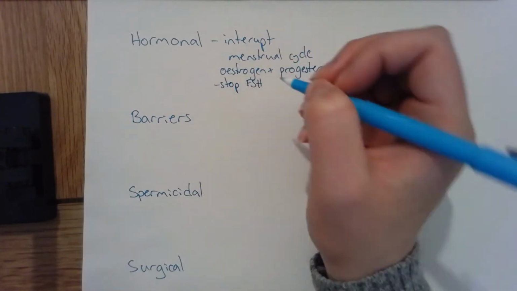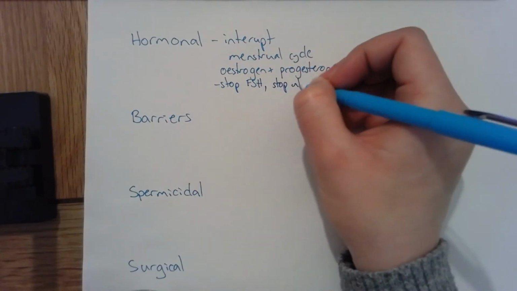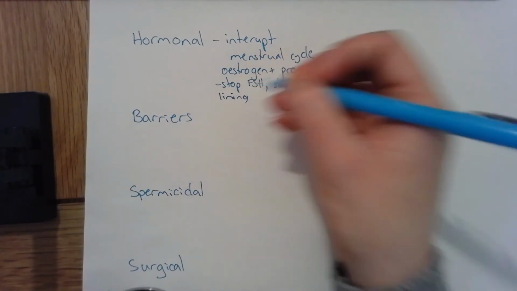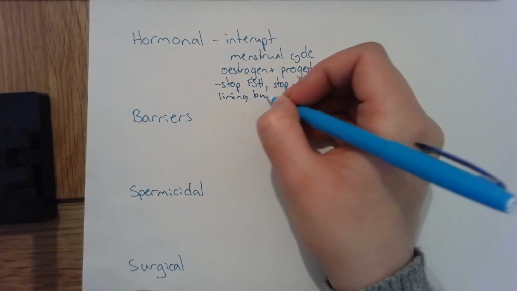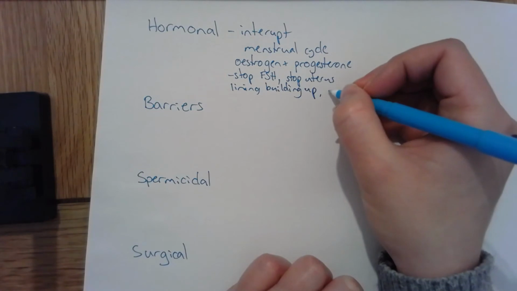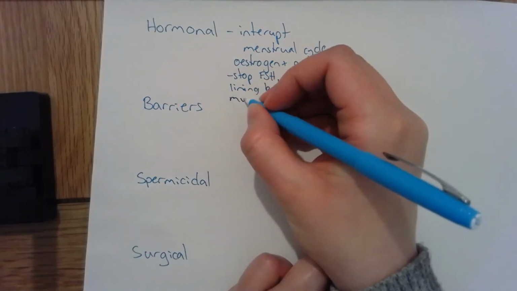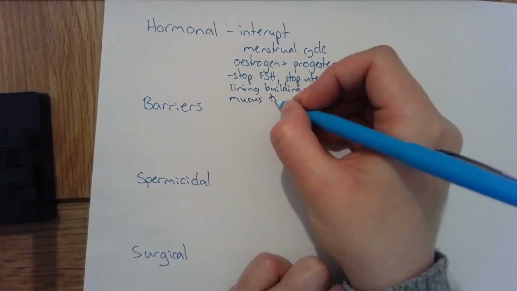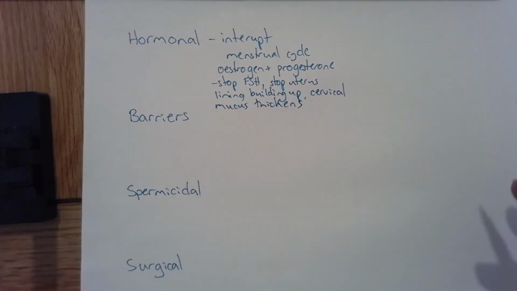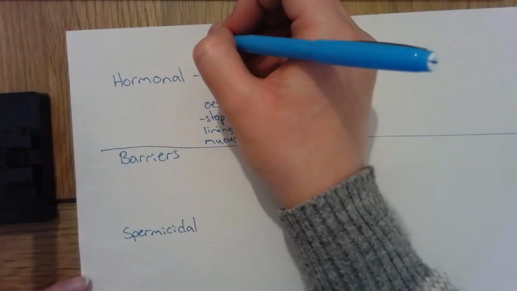They stop the uterus lining building up, so that there's no ready place to receive a fertilized egg. And they also make the mucus around the cervix a bit thicker, which makes it hard for a sperm cell to get through and to get to an egg. So this is how it works.